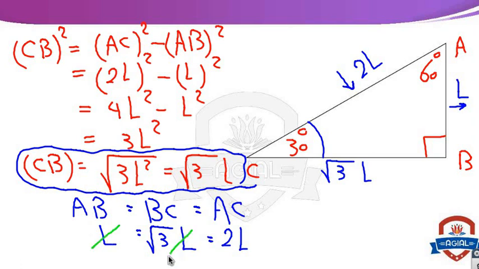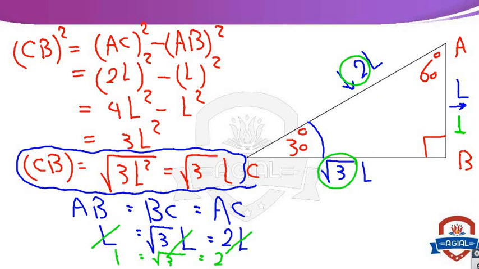Cancel L. Then the ratios between the three side lengths in this triangle equal: AB is 1, BC is square root of 3, and AC is 2. So 1 to square root of 3 to 2.